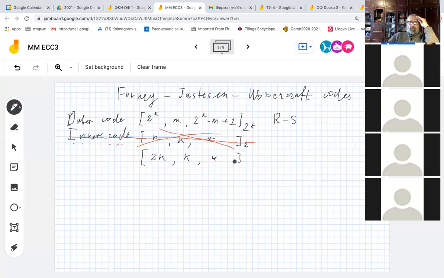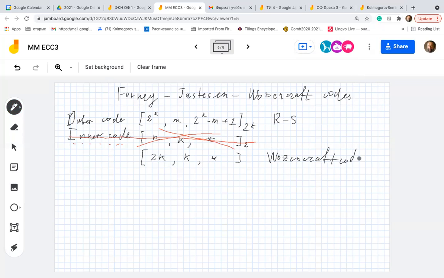Recall that the inner code, which is now Wozencraft, encodes a k letter message, which consists of just k bits, by that message x concatenated with alpha times x, where alpha is some parameter.